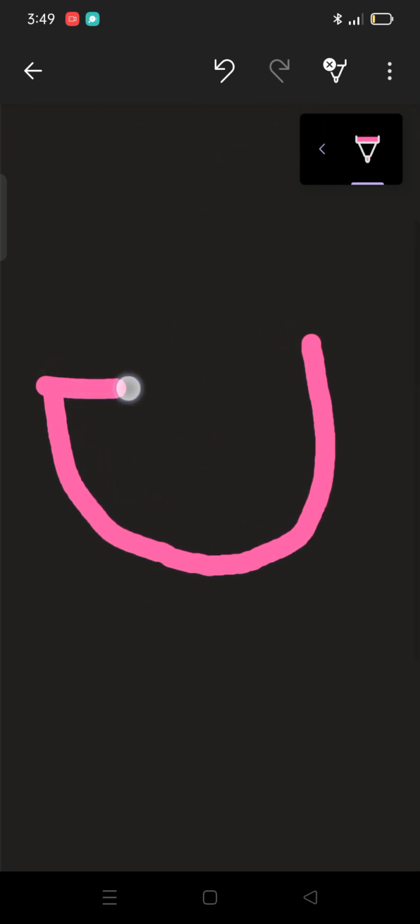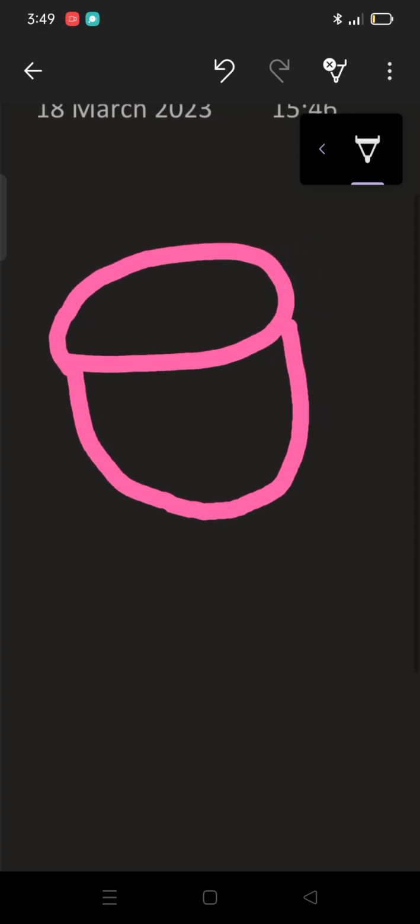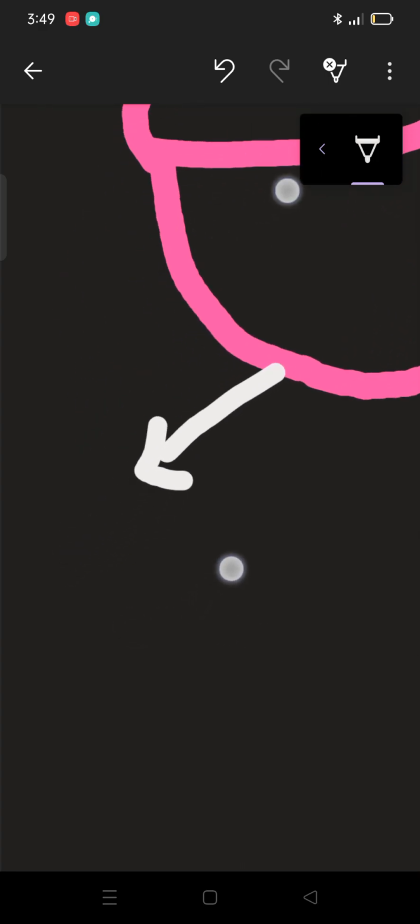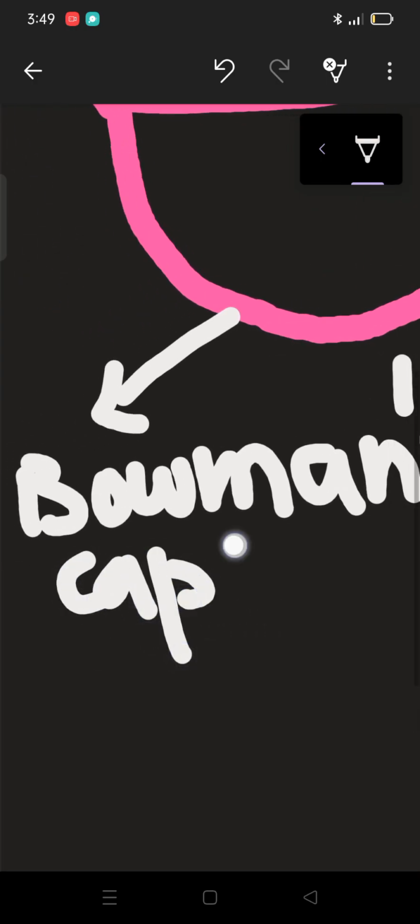This is the Bowman's capsule, which is shaped like a cup. So I should write this as well. This is Bowman's capsule.